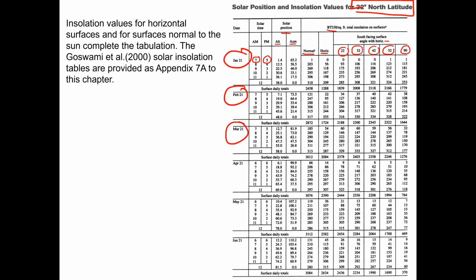Again, these count up from 7 a.m., 8 a.m., 9, 10, 11, 12 p.m., and then count back as 1 p.m., 2 p.m., 3 p.m., 4 p.m., 5 p.m. So in short, you can use this solar insolation data in conjunction with the data published by the SRCC for specific solar collectors in order to analyze the performance of a specific solar collector.